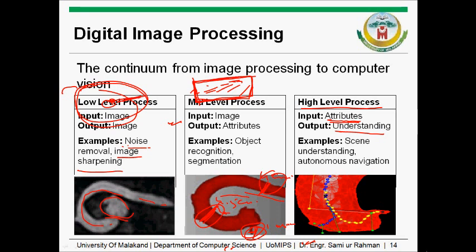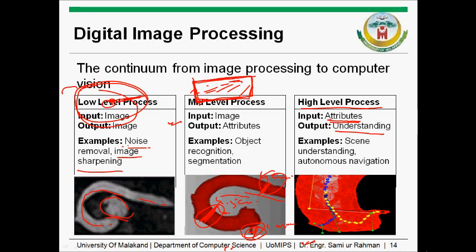If you have good quality input, you will have good quality results or output. So for computer vision we need this low level processing, like increasing the quality of images or computing some parameters. These two levels, image enhancement or increasing quality of the images, and computing some parameters from the image, come in the category of image processing. And image understanding or image recognition comes in the category of computer vision.